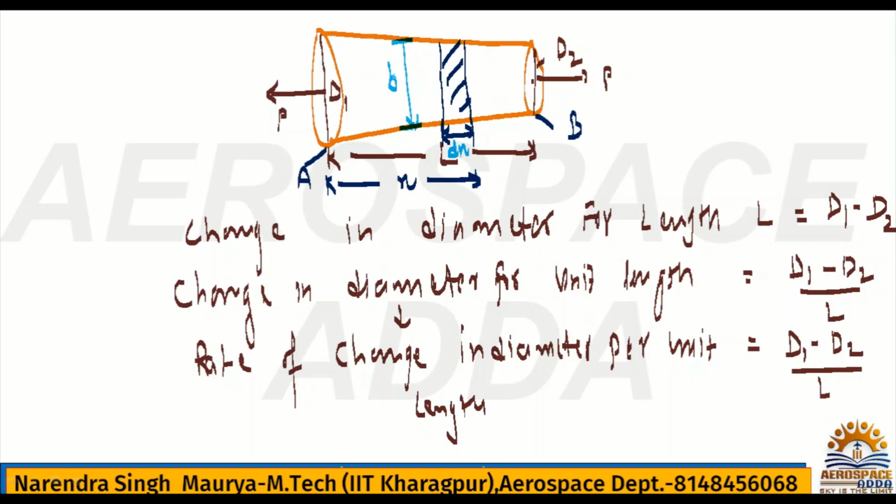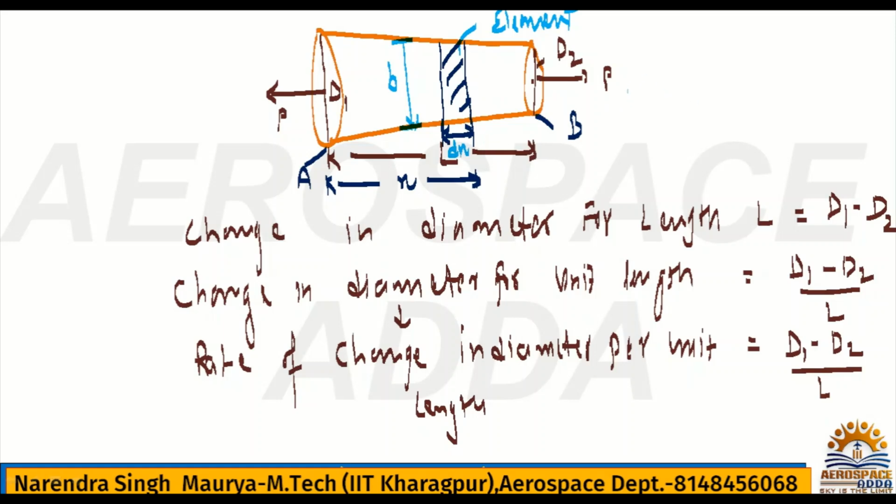Consider an element of length dx at distance x. We have taken this one element, which, as I told you, is just like a ring, from the larger end, which is A. The diameter of the bar at this section is? How to calculate this value? It's very simple, you might have seen it in simple mathematics also.